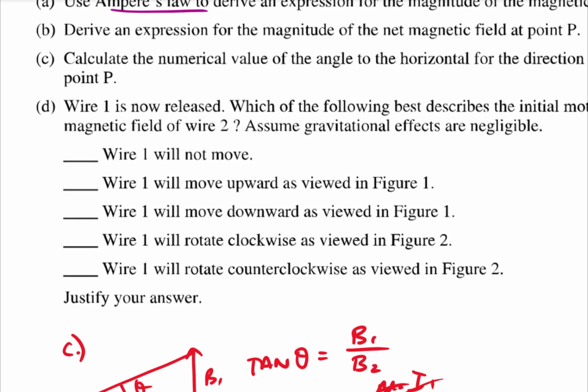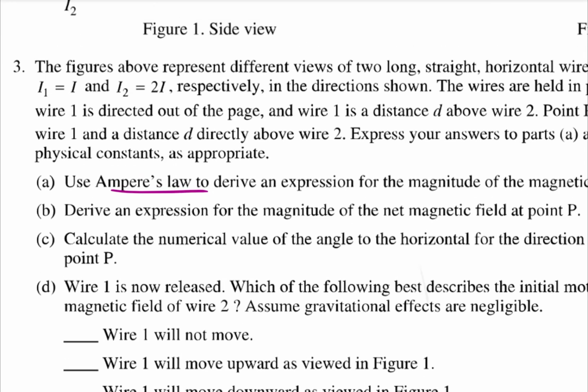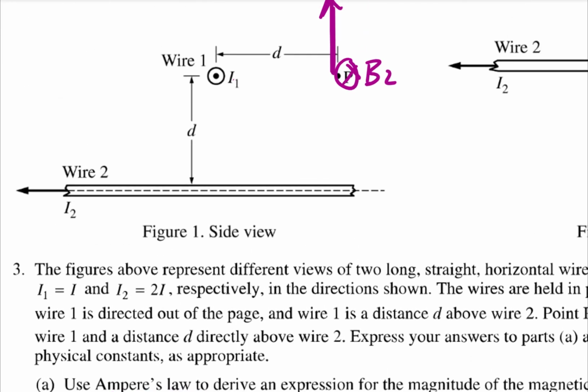So for this last part of the question, we're going to take wire 1 and let go of it, and we want to see how it moves, and we're not going to worry about gravity. So let's look at what's happening with wire 1 in the field of wire 2. If you look at wire 1, magnetic field 2 we said was into the page for the location of wire 1.